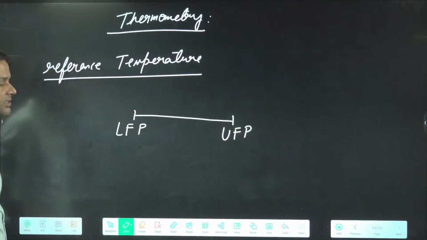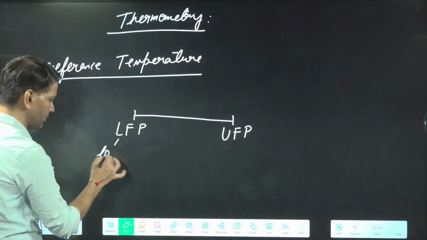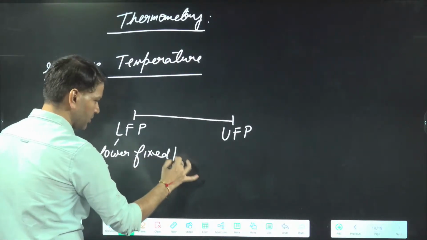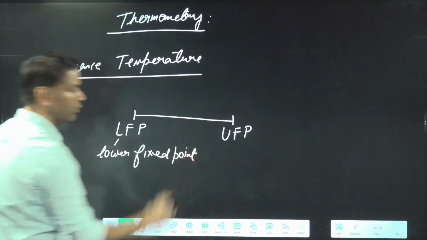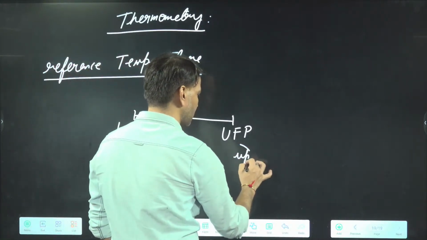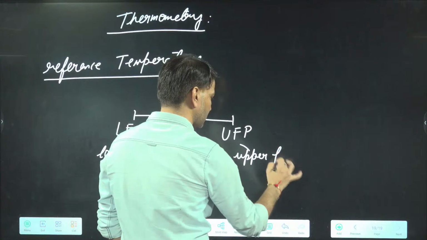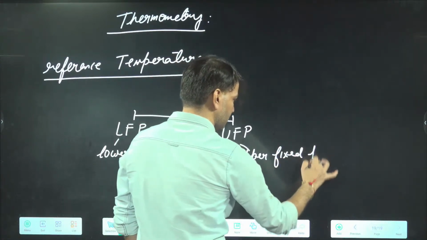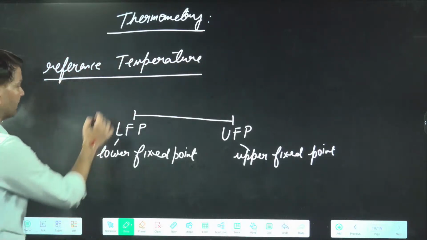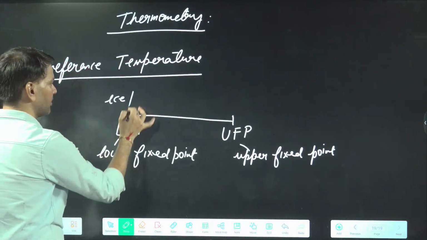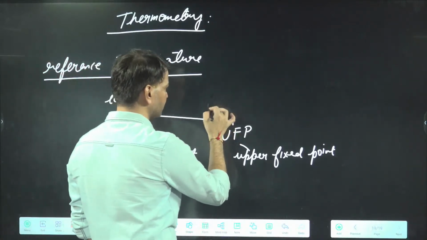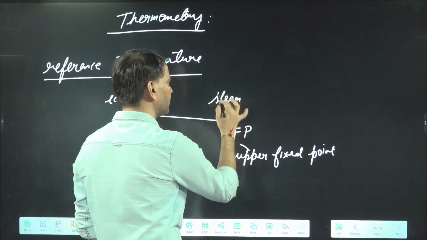What does LFP mean? LFP is the lower fixed point, and UFP is called the upper fixed point. So the lower fixed point we take as the ice point, and the upper fixed point we take as the steam point or boiling point.